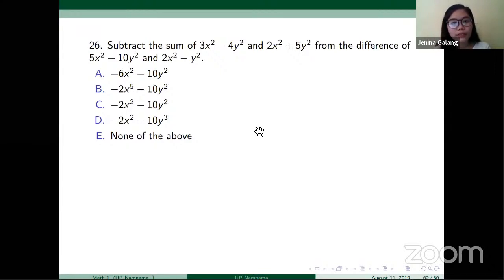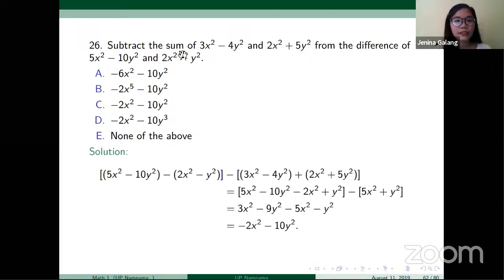So, number 26. Sa mga ganitong problems naman, yung iwasan lang natin is carelessness, kasi minsan namamali tayo sa arithmetic. So, subtract the sum of these expressions from the difference of these. Since from yung ginamit dito, unahin natin yung difference.